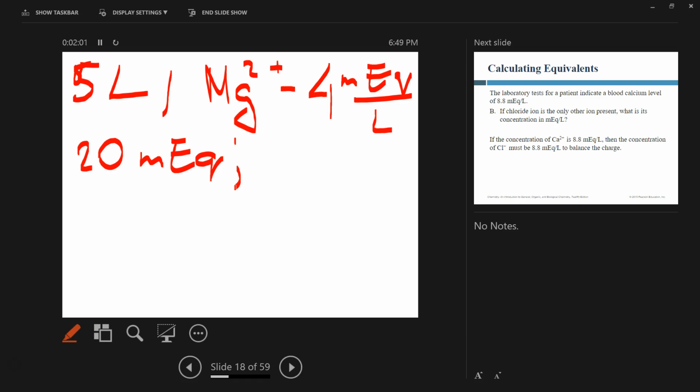Now we need to convert milliequivalents into equivalents. What's the conversion factor? We need to convert 20 milliequivalents into just equivalents, without milli. The conversion factor is 1 over 1,000.